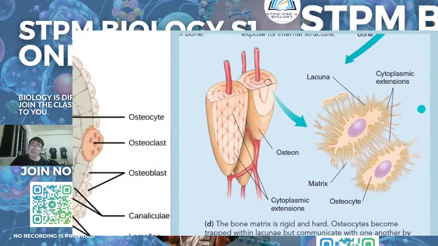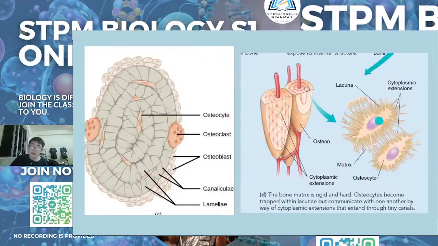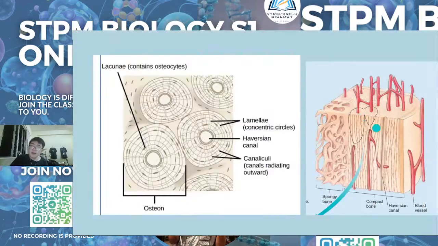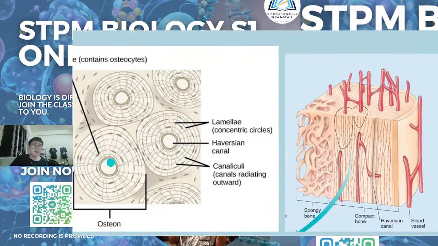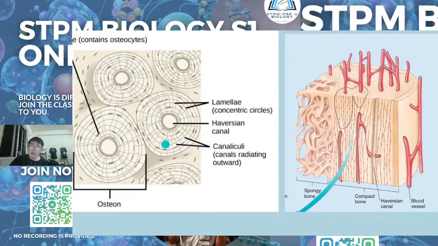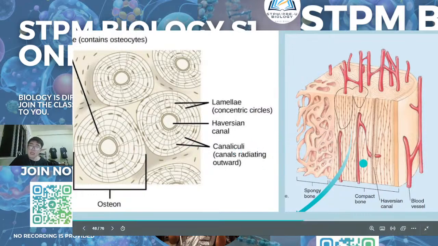So you see here yang ni blood vessel, yang ni tengah-tengah punya. So blood vessel akan dekat sini, tengah-tengah punya. It will pass through the bone lah, and then you see this also.